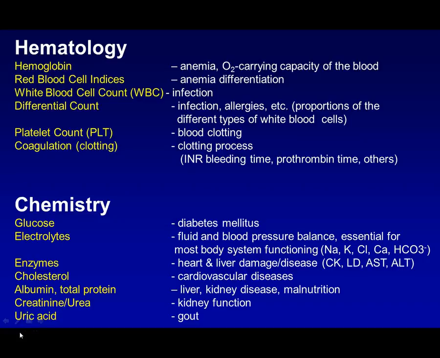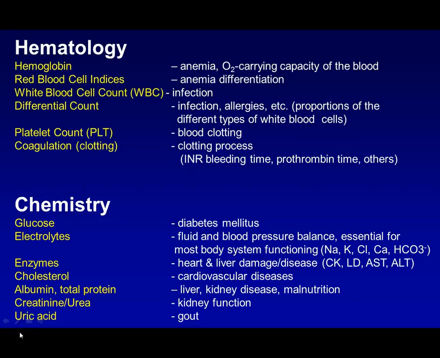When we check out the routine laboratories within a hospital, we see that there's a hematology and a chemistry department. And as I told you before, hemoglobin is very widely used to detect anemia because hemoglobin is important in the oxygen carrying capacity of the blood.